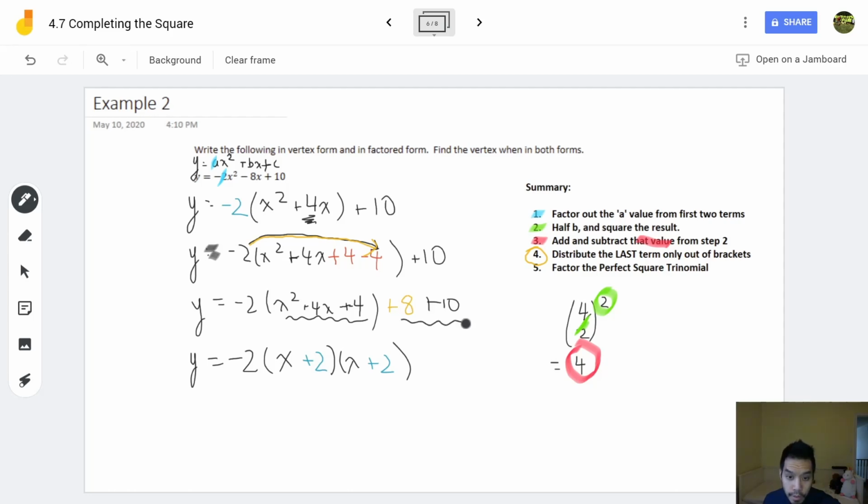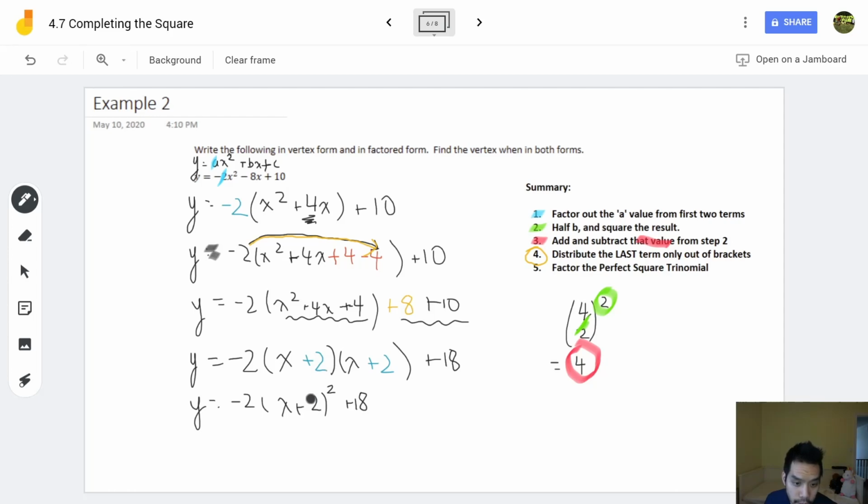And we can simplify this, which is plus 8 plus 10, which is going to be 18. And our last step is to convert this. There's 2 of them multiplying each other. They're repeated, so I can say this is squared plus 18. And there we go.